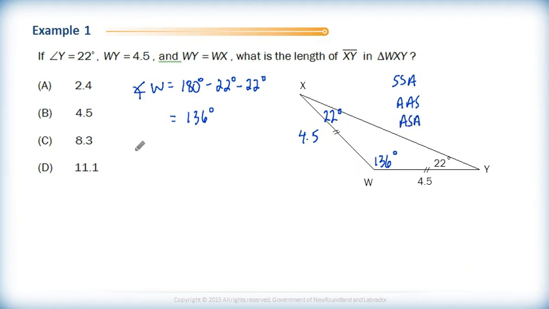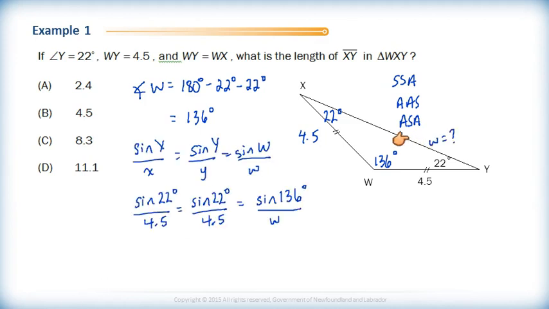We'll write out the sine law. So if we recognize that segment XY is actually lowercase w for our formula, that's what we need to find, and we substitute in all of our angle and side measures that we know, we won't need to use one of these first two. So we'll just work with these two.